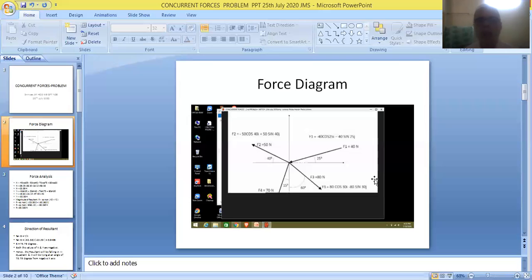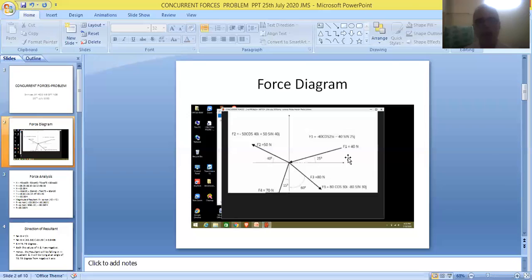And finally, we can see the values. Now, the values of all these forces are given in the problem. F1 is given as 40 newtons, F2 is given as 50 newtons, F3 is given as 80 newtons, and finally F4 is given as 70 newtons.